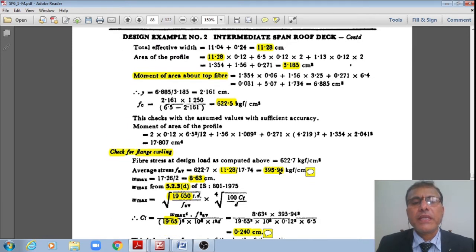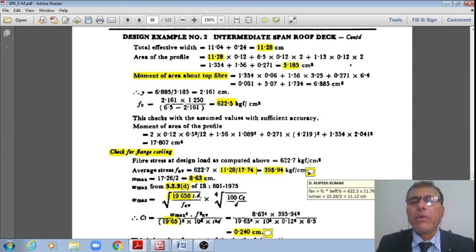Therefore, FAV is equal to FC, which is 622.5 multiplied by 11.76 divided by 22.76, not 17.74. Even there is a typographical error here, right? It is not 17.74, student. Therefore, both are errors, right? Therefore, 11.76 divided by 22.26 works out to say 329.42.